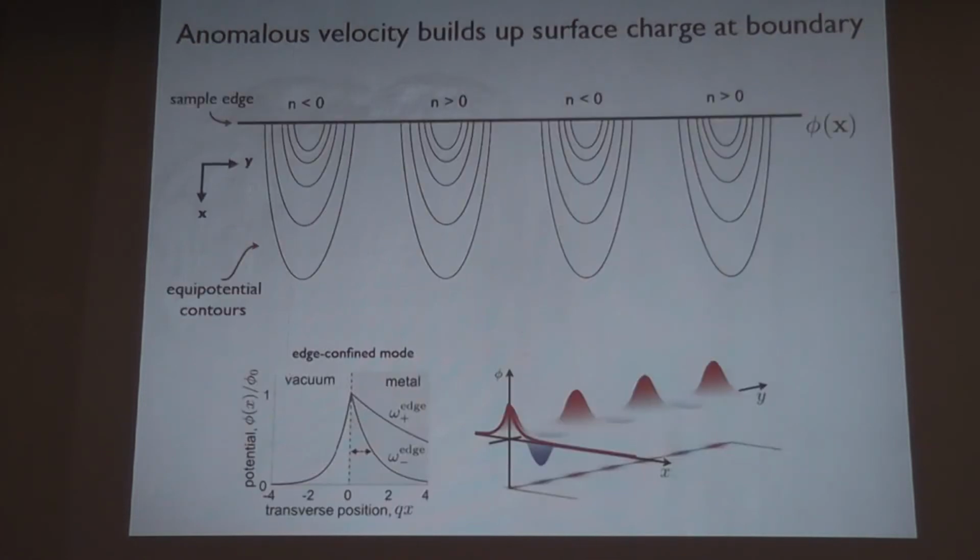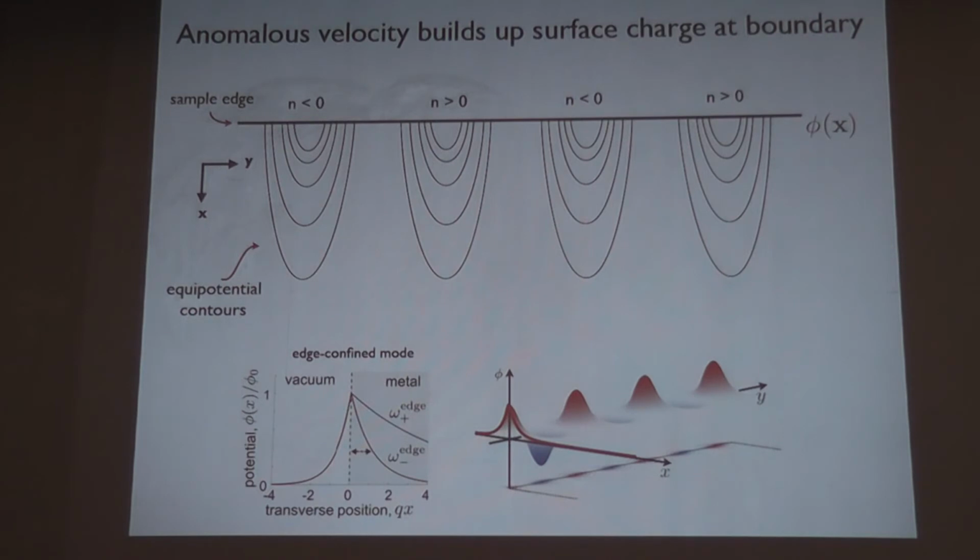But if I now go into a system with a boundary, that extra velocity will accumulate charges at the surface. It's going to impinge charges here, impinge charges here, just taking it up and down, and I'm going to be able to create some kind of extra density and extra potential along this boundary.